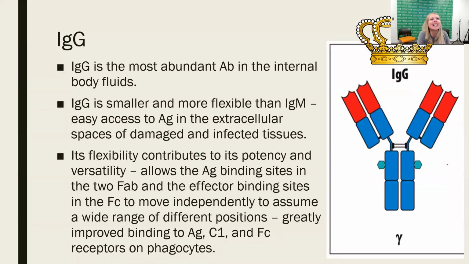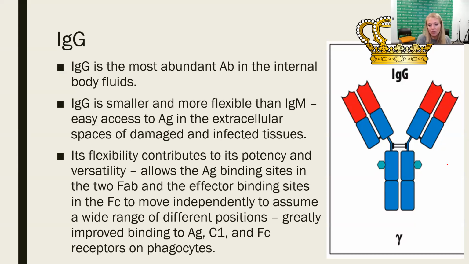Everybody talks about IgG. IgG is the king or the queen of antibodies. It is by far and away the most abundant. That's what makes up the plasma, mostly the protein part of the plasma, and the internal body fluids.